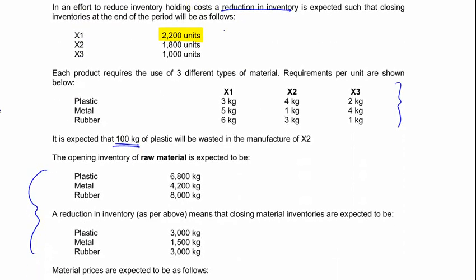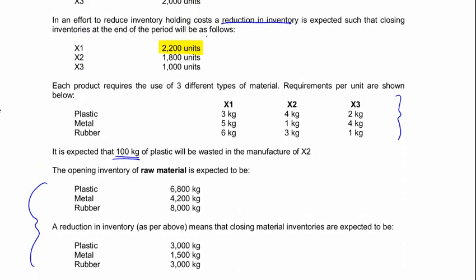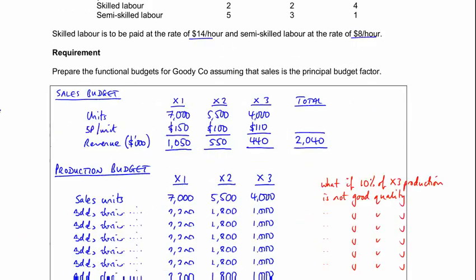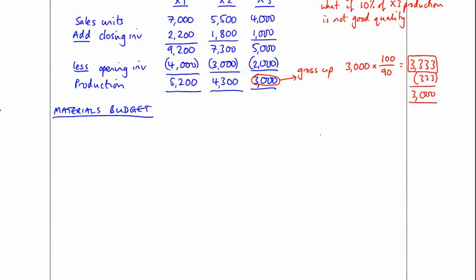We've got plastic, metal, and rubber. Layout doesn't particularly matter here, but you'll generally find it easier to have the materials across the top here. So plastic, metal, and rubber.